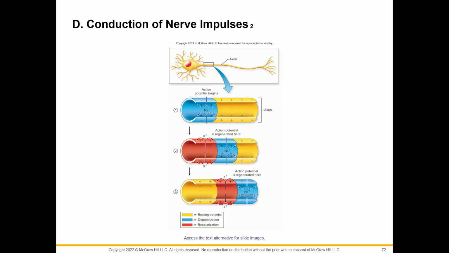Then let's say you had exposed cable and you had different channels down that cable that could conduct that electricity. They would have to conduct that electricity at every single membrane channel all the way down that wire, and it would be real slow and you just would not get a good charge.